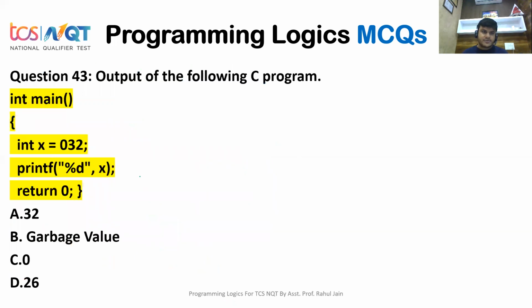Question number 43: output of the following C program. If you see, int x = 032, printf %d x, return 0. So what would print, guys?